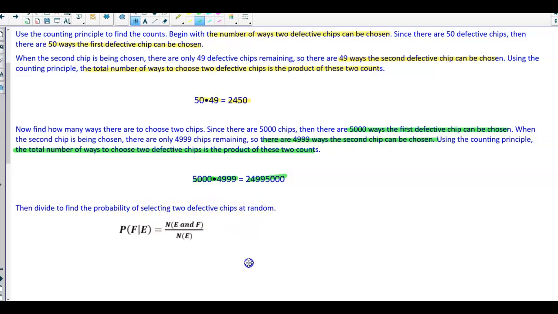Now remember the formula. The probability of event F occurring, provided that E has occurred, is the number of outcomes that E and F occur, which represents 2,450, because that's how many ways two defective chips can be chosen, divided by the total number of ways that two chips can be chosen.